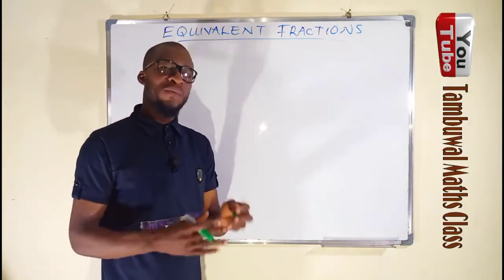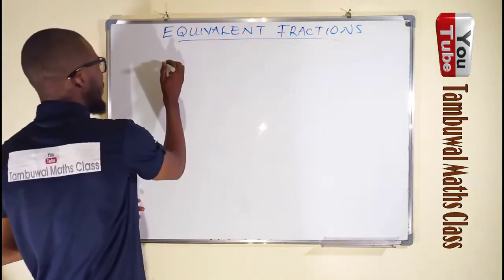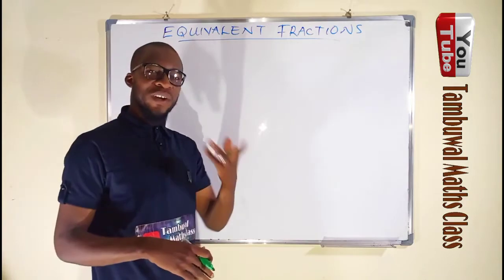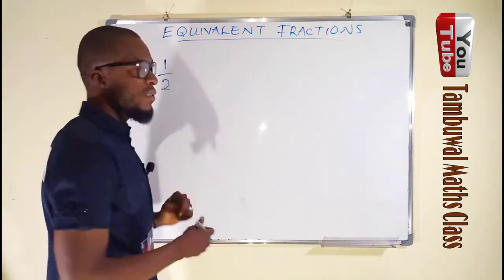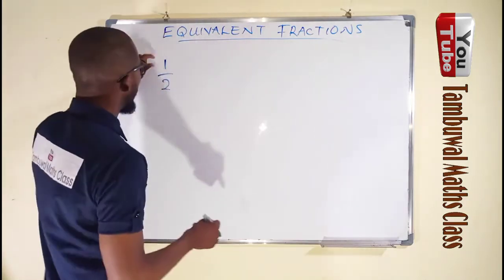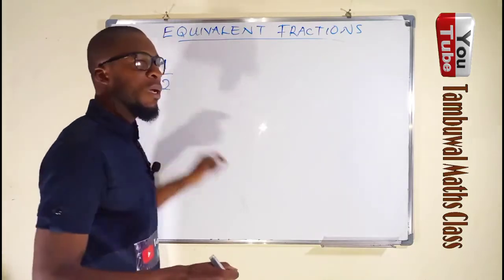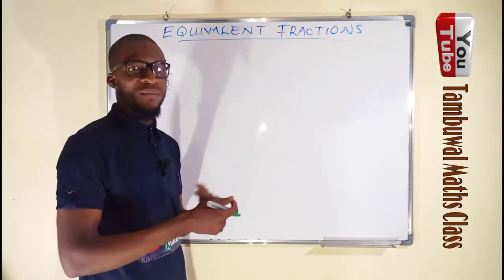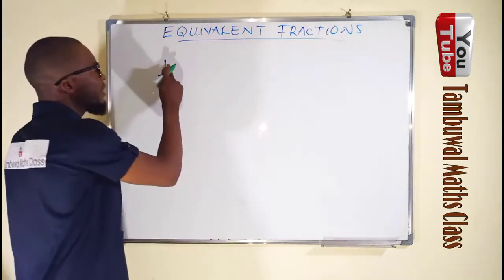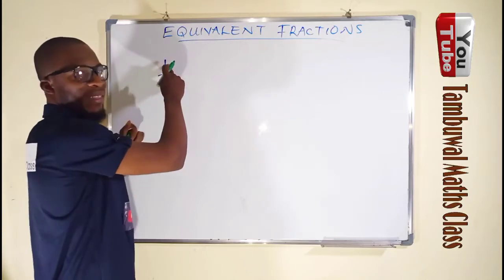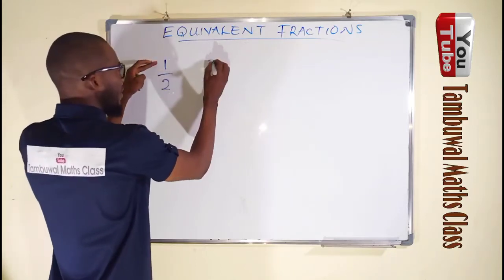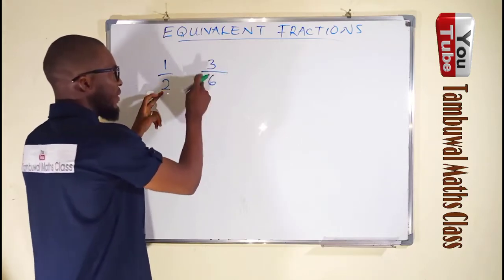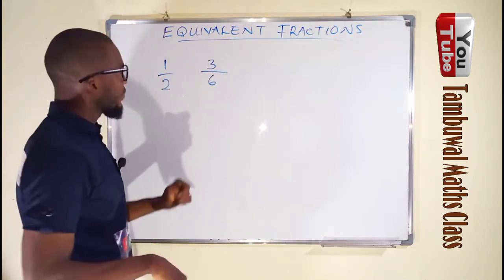Another way to obtain equivalent fractions is this. If you have 1 over 2, and you want to find another fraction that is equivalent to this, you can multiply the numerator and denominator by the same number to obtain another equivalent fraction. If you multiply numerator by 3, maybe 1 times 3 is 3, 2 times 3 is 6, this and this are equivalent.